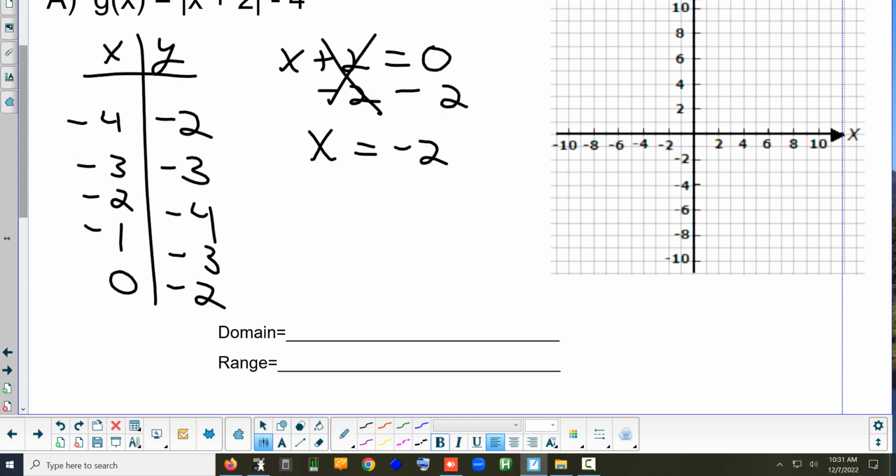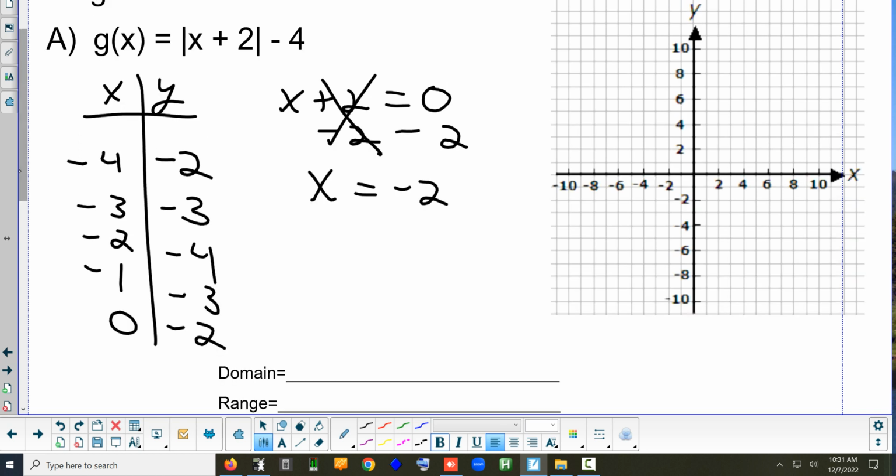So we've got all our points. And what do I do with all those points? Graph them. So -4 and -2. Somebody tell me, how do I graph -4 and -2? Left 4, down 2. How about -3, -3?